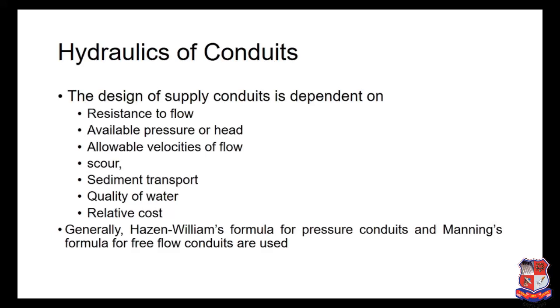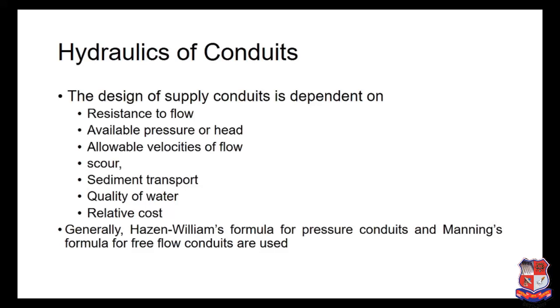Second one is available pressure or head. What is the head or pressure available at the source? Say if our source is located at a higher elevation and the water treatment plant is located at a lower elevation than the source, then gravity flow is possible. But if the source is located at a lower elevation and the water treatment plant is located at a higher elevation, then we have to pump the water.